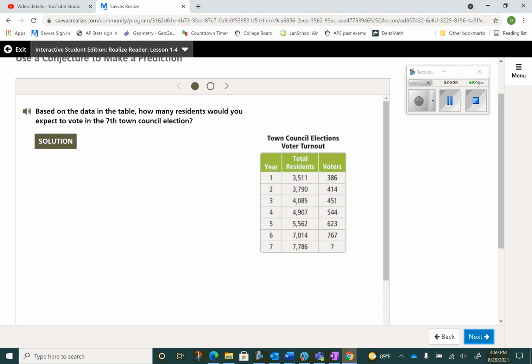Okay, so now here are some recent election voter turnout numbers from a particular precinct.